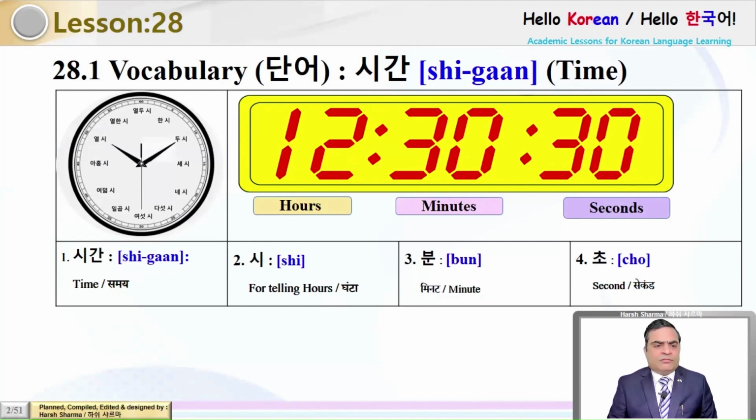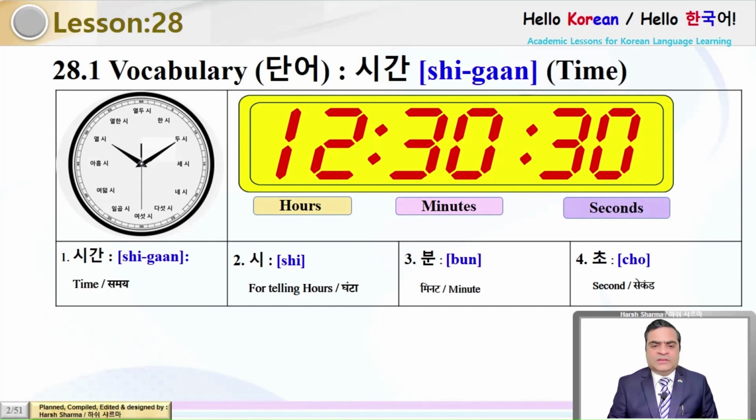As we can see, there are 4 words on this screen. Meanings are already here. I will repeat the Korean words, and you have to repeat after me. Vocabulary is related to 시간. 시간 is time. Number 1, 시간. One more time, 시간.